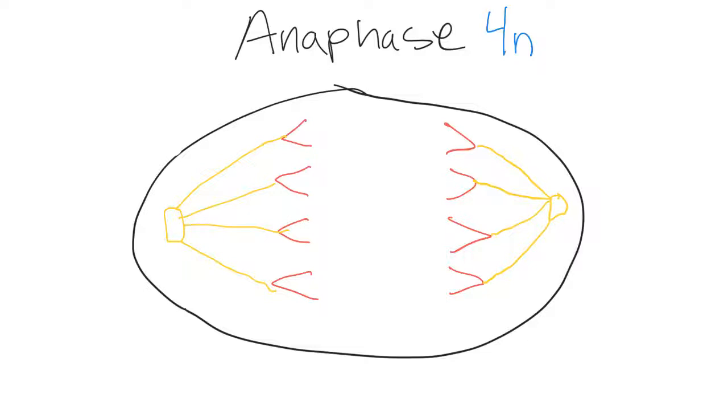Okay, so this one and this one are homologous chromosomes. This one and this one are homologous chromosomes. One was from the mom and one was from the dad. So now you have 4 copies of each type of chromosome. And then this one would be copy 2.